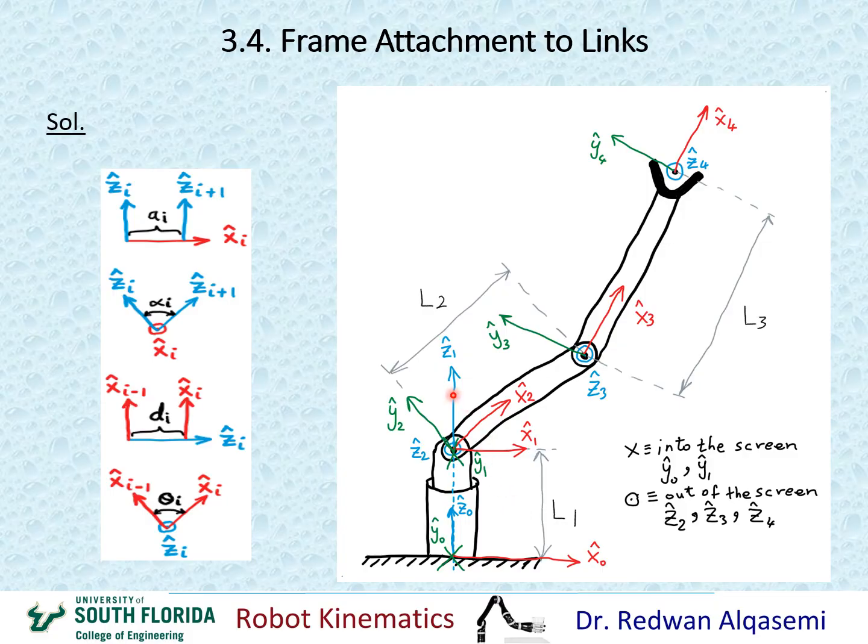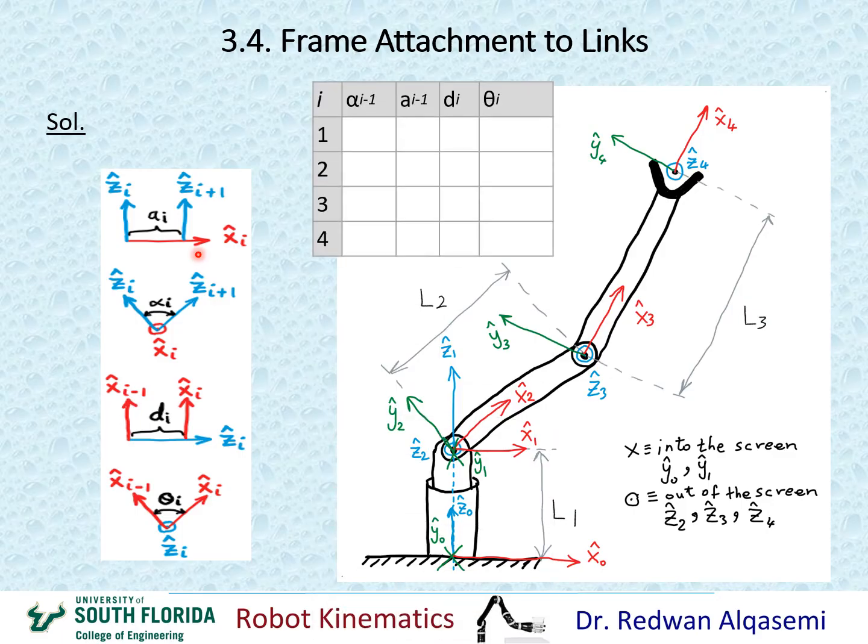Now I need to start getting into the DH parameters. So I put this quick reference that we had created before, so it can help me here in finding the DH parameters. And I created a table here, and I have alpha i-1, a i-1, d i, and theta i.